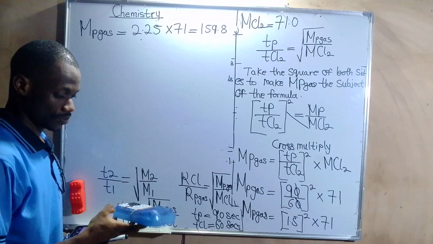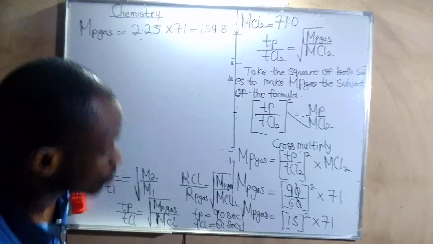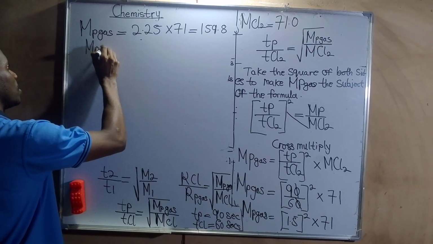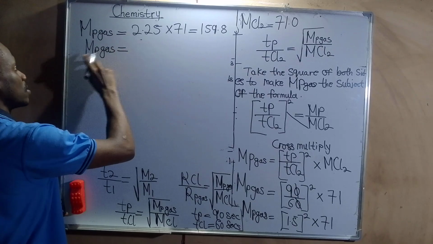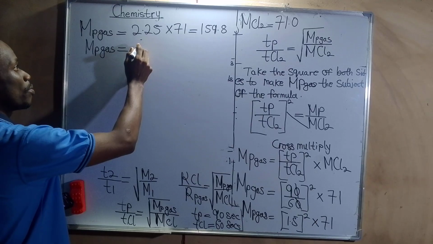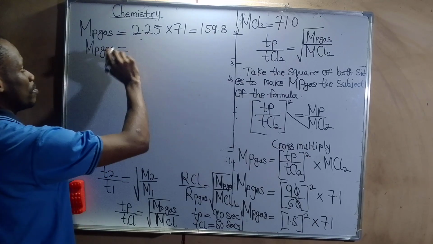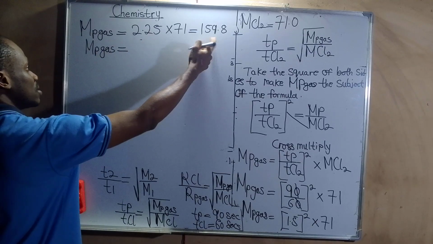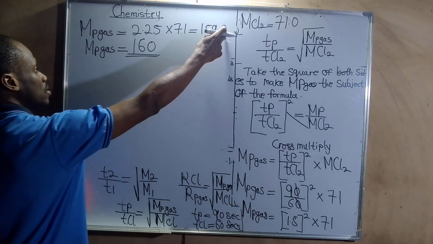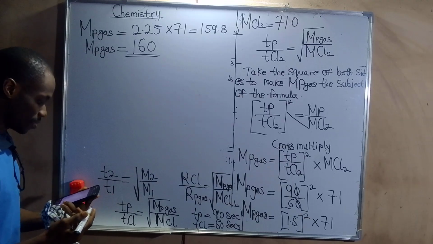So we have gotten MP gas, the molecular mass of the unknown gas, as 159.8. If you approximate this to the nearest whole number, this should be approximately 160.